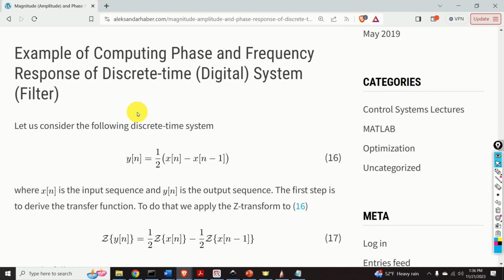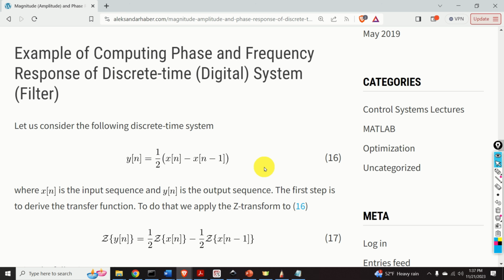Now, let's apply everything that we learned so far to this example. Consider this system. y of n is the output of the system at the discrete time instant n, and x of n is the input of the system at the discrete time instant n. We want to compute the frequency response of this system, that is, we want to compute the magnitude response and the phase response.